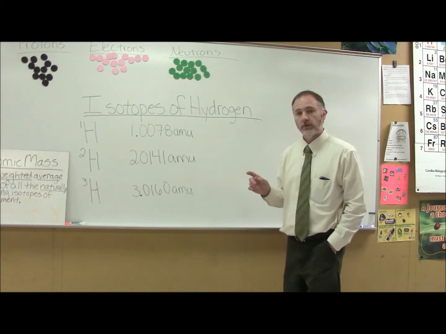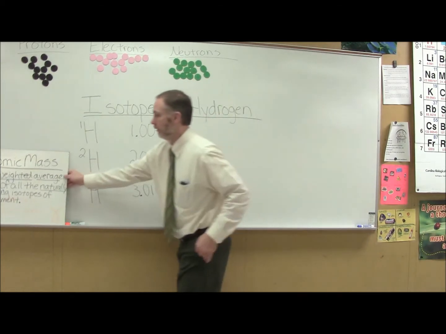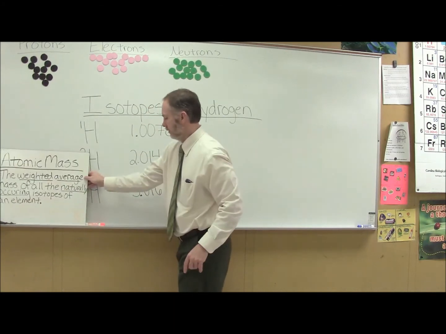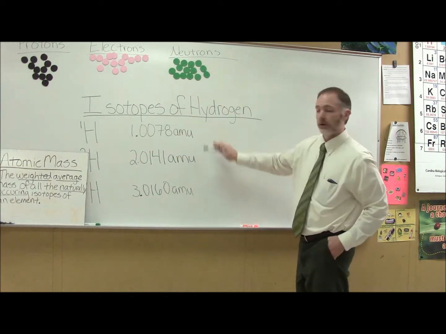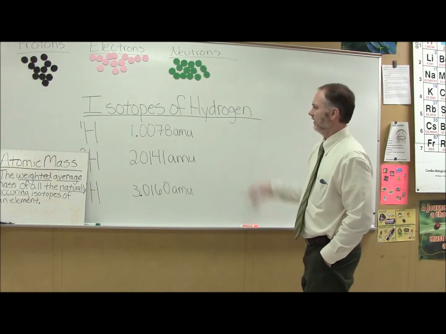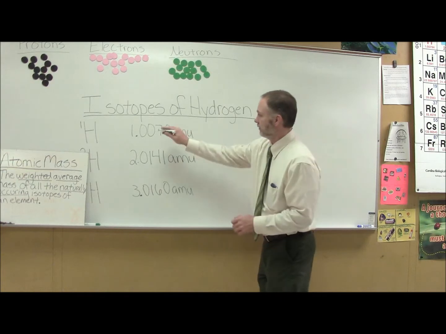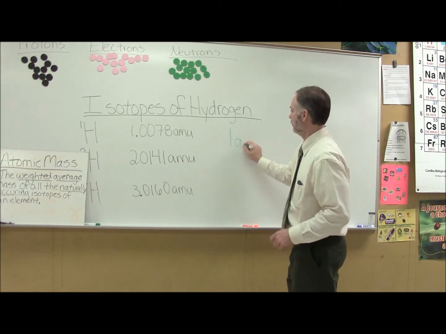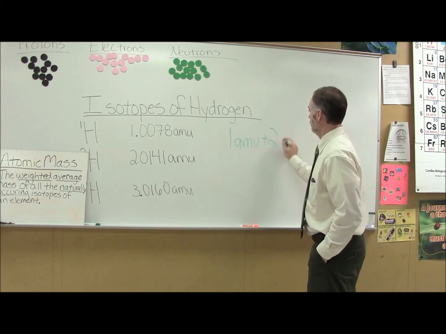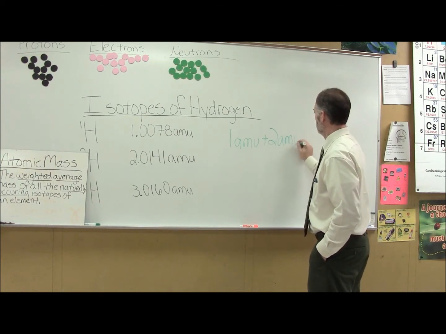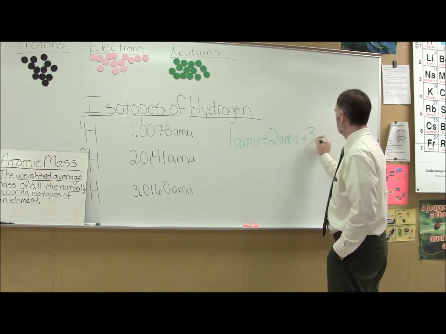What I want to show you first is how you would not calculate it. The key thing here, weighted average. If you were to do a regular average of these three numbers here, and to save us a bunch of calculations, I'm going to keep it simple. I'm going to just round it to 1 AMU plus 2 AMU plus 3 AMU.